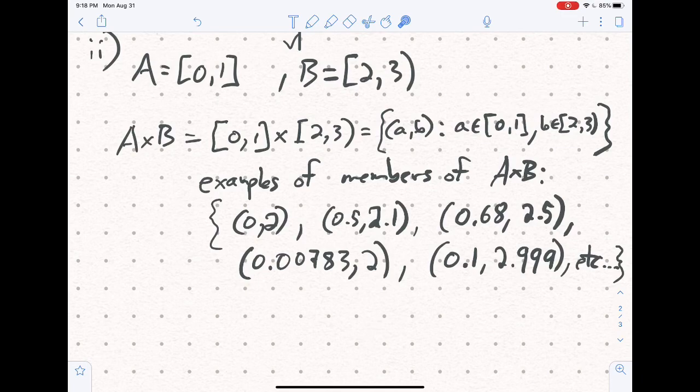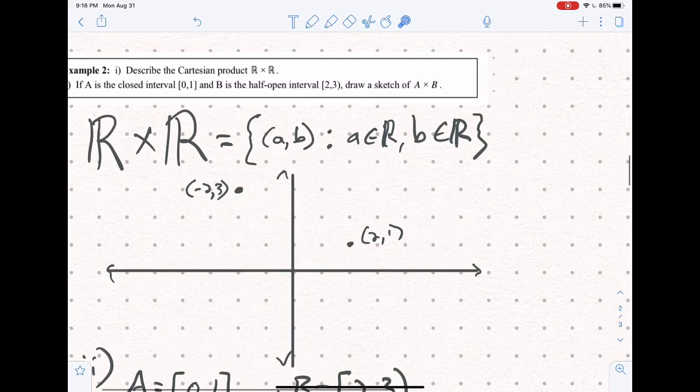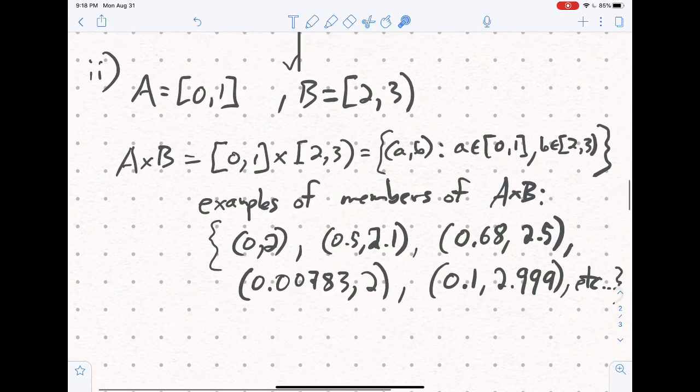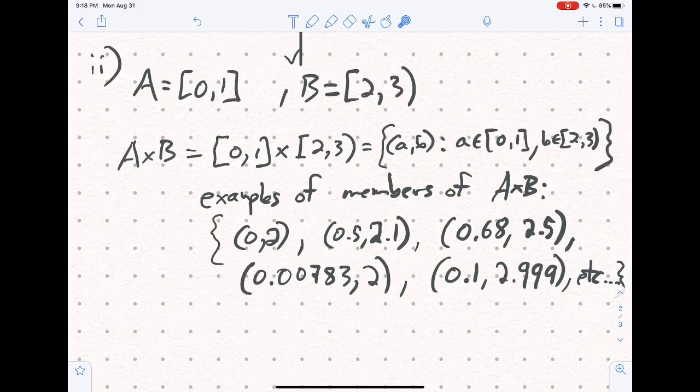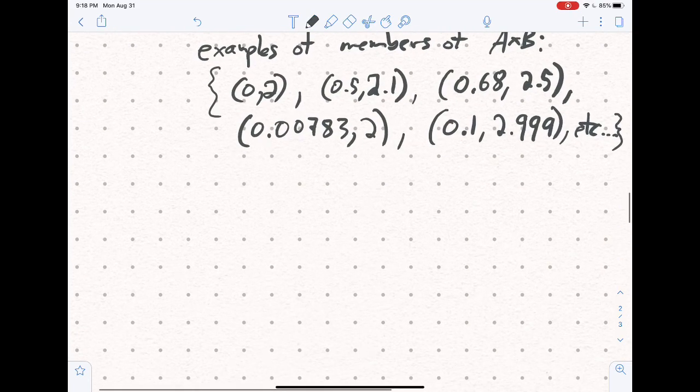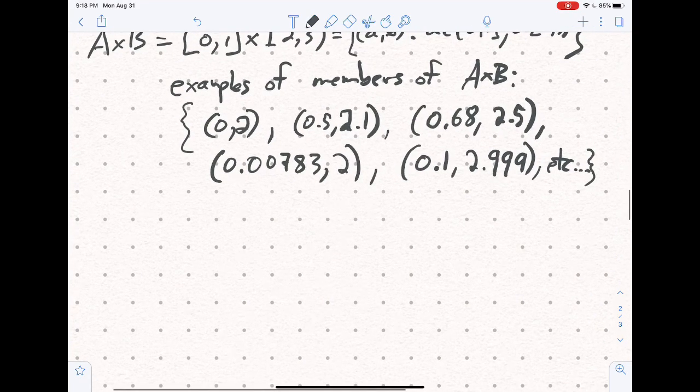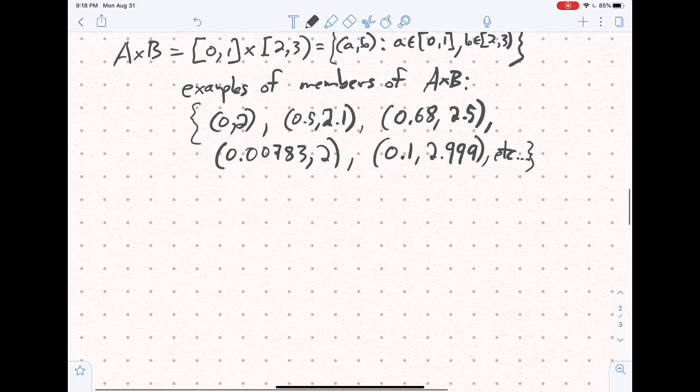So let's go ahead and try to see. The instructions for this problem said to draw a sketch of that A times B. So let's make a sketch of that A times B and see what it looks like. Let's draw coordinate axes again.